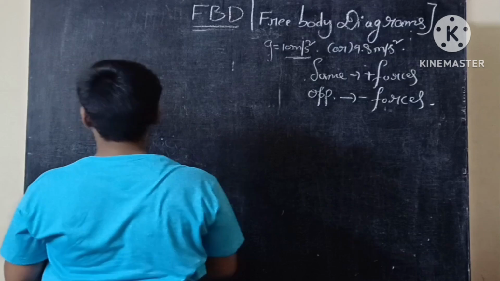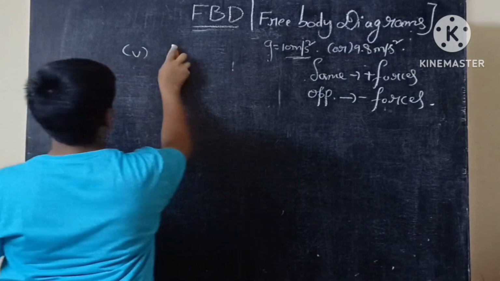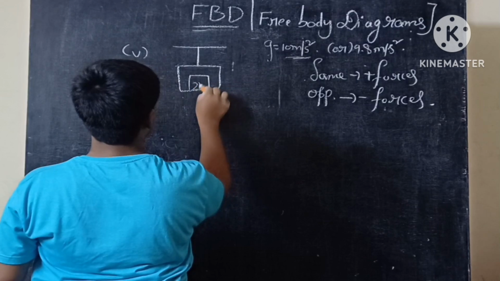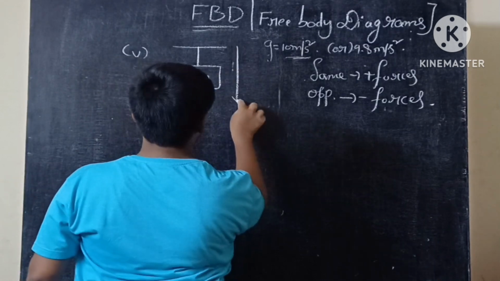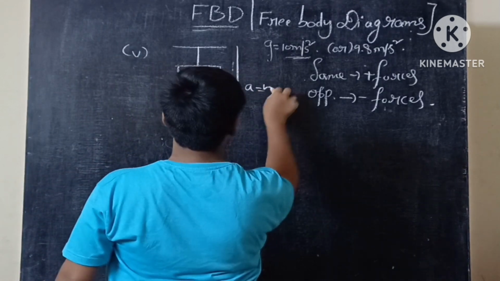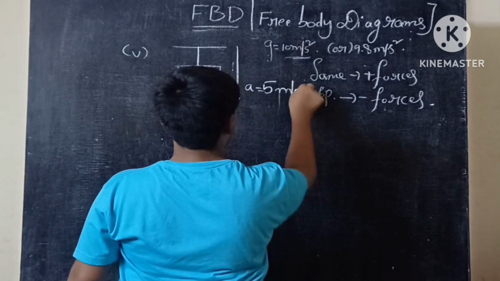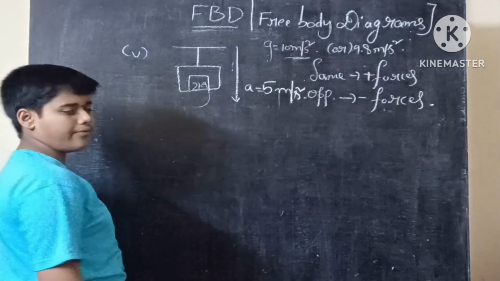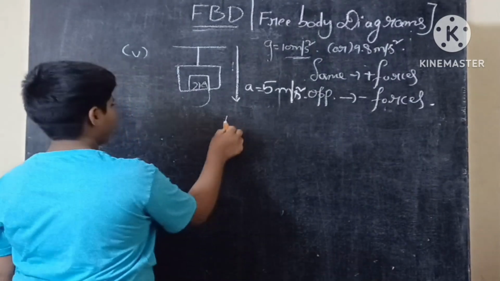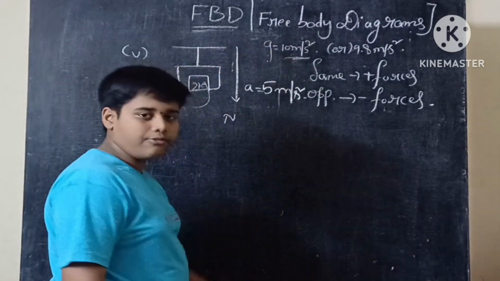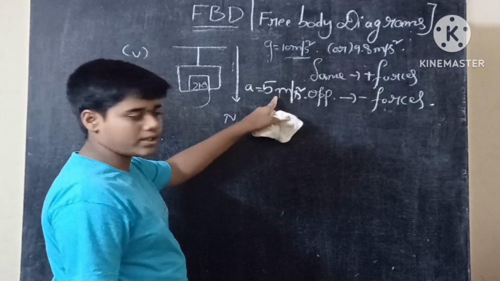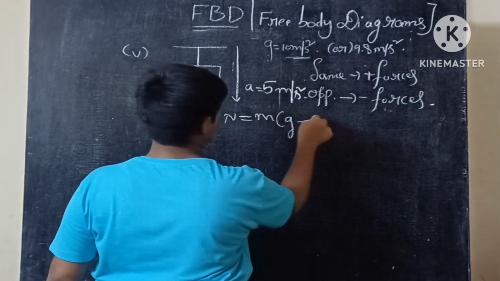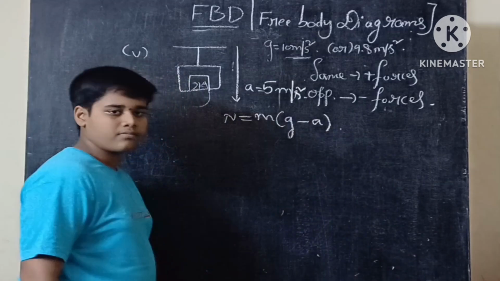And if you see the fifth case, a 2 kg body is coming downwards with an acceleration of 5 meter per second square. There is no need of a free body diagram again. The formula for coming downwards with positive acceleration is N is equal to mass into (gravity minus acceleration).